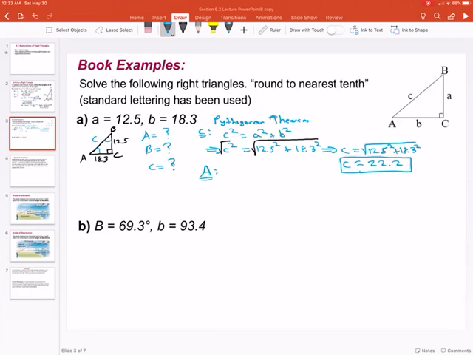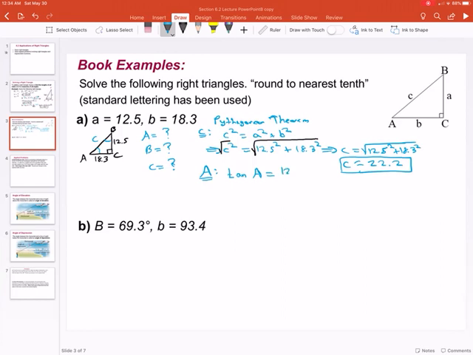Now let's find an angle measurement. What trig function would allow us to find angle A using this given information, using sides A and B, which are the two legs of this right triangle? If you remember, the definition of tangent in a right triangle involves our two legs, the opposite and the adjacent. So we could use the tangent function. What's the tangent of angle A equal to?